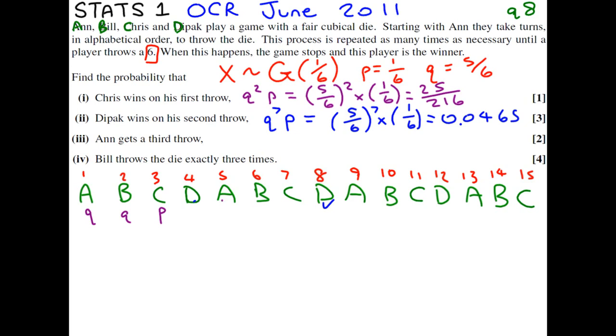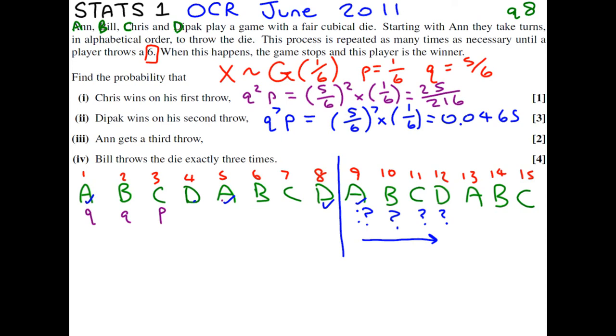On part 3, we want Anne to get a third throw. If we look at her throws, there's a first one, second, third. As long as she's had 3 turns, she's happy. It doesn't say that she has to succeed or fail on this turn. In fact, we don't really care. We don't care about anything after the 9th turn. The probability of all this, if anything can happen, is going to be 1, because something's going to happen.